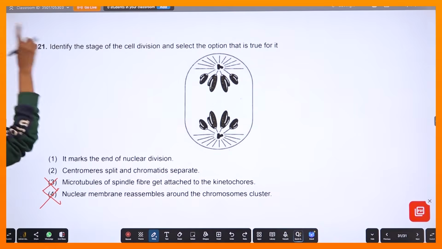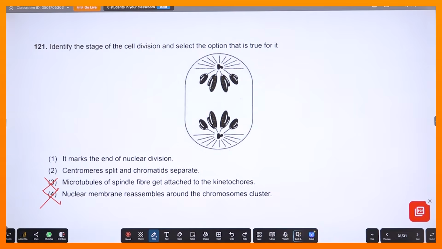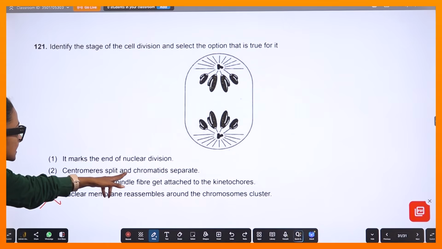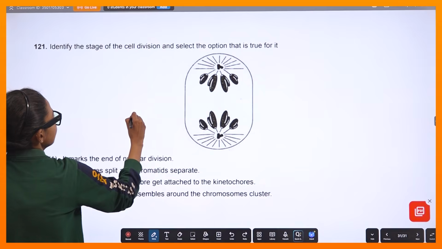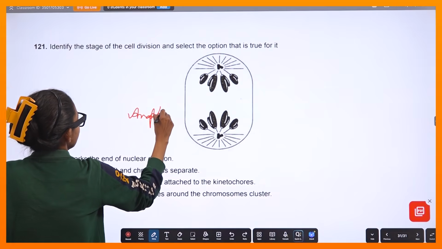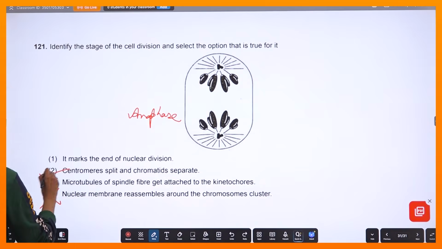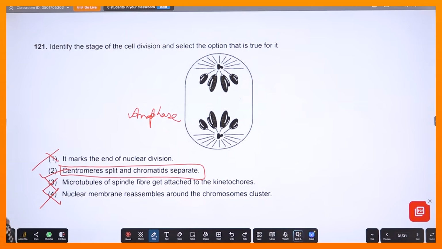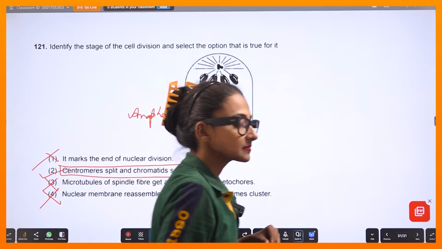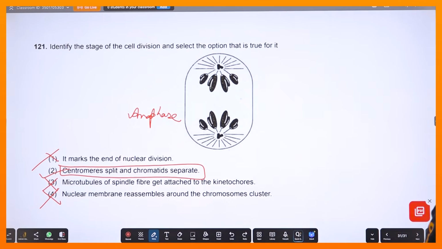No, that is happening at prophase. There are two options left now. Centromere splits and chromatids move to opposite poles. Yes, that means this is anaphase. So I'll go with option 2. Am I right? Correct. Let's move on to the next one.